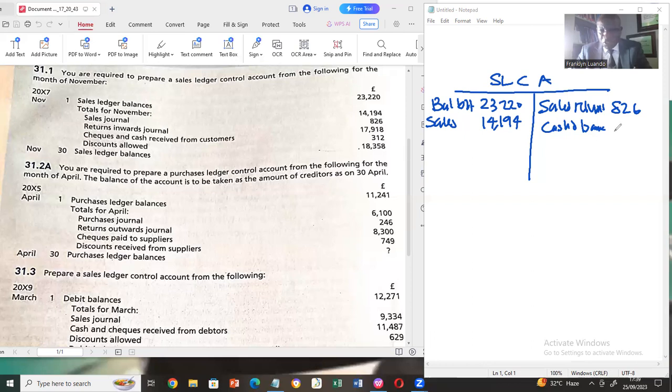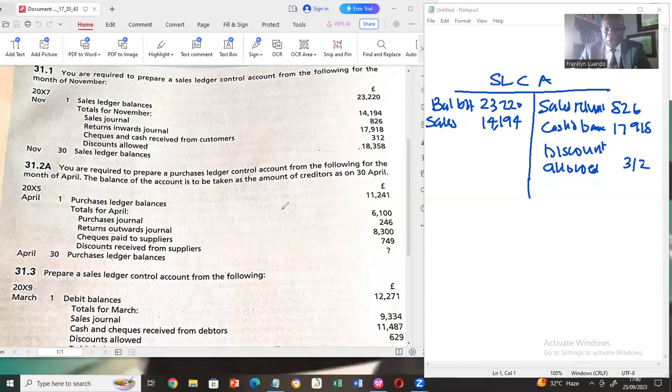Cash and bank, 17,918. Discount allowed, we have 312.